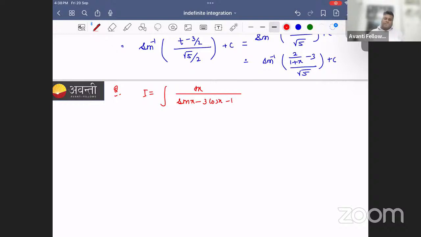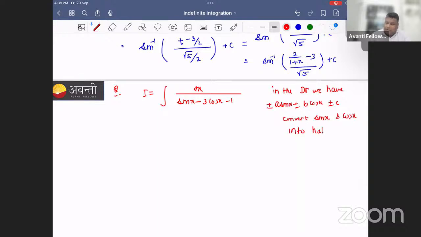See, whenever we have this kind of factor in the denominator, like a sin x plus minus b cos x plus minus c types of factors, they are also plus minus sign, then convert sin x and cos x into half angle of tangent formula.